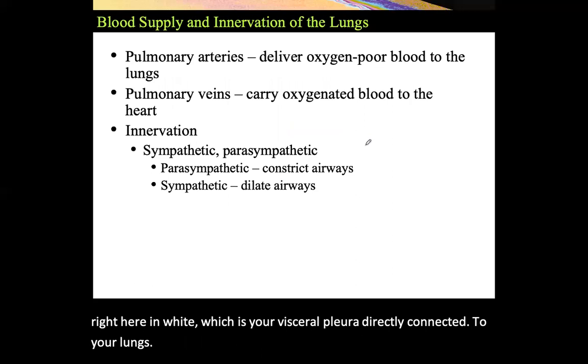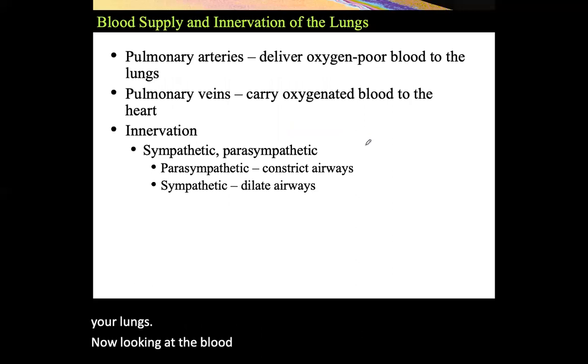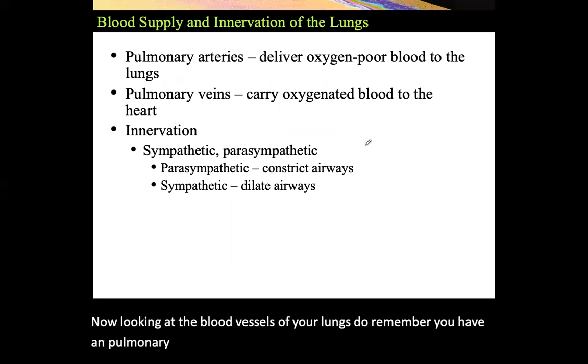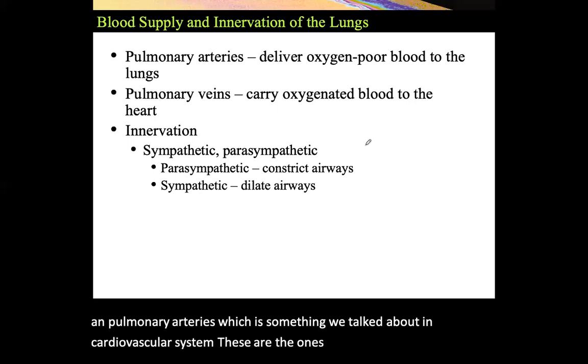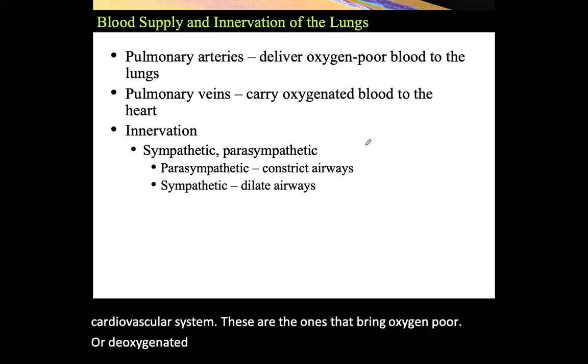Now, looking at the blood vessels of your lungs, remember you have pulmonary arteries, which we talked about in the cardiovascular system. These are the ones that bring oxygen-poor, deoxygenated blood to your lungs.